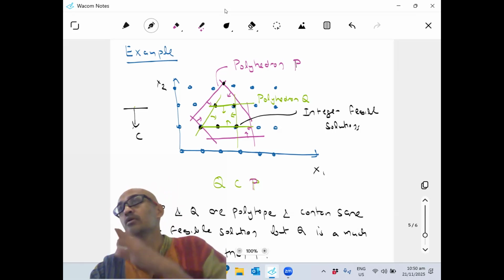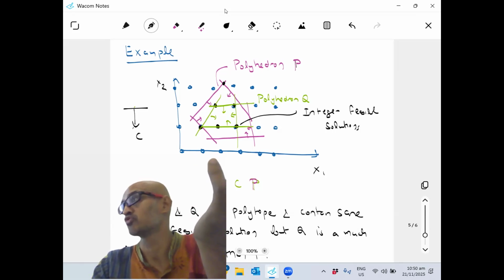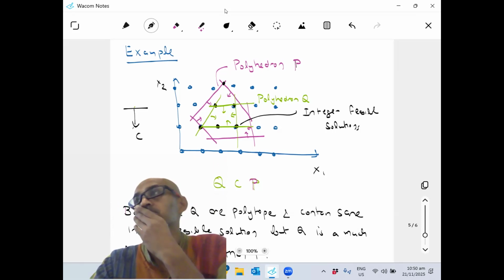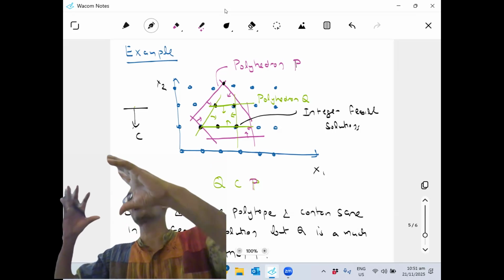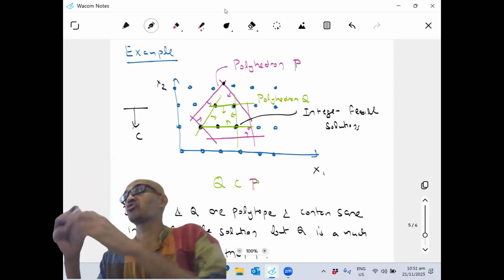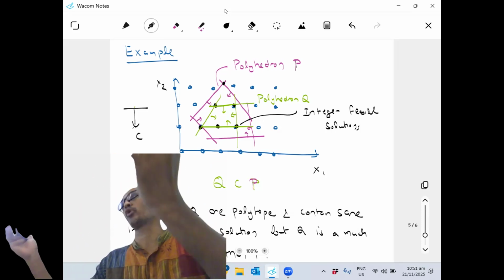This is not an integer solution. These two are integer solutions. So I'm far away from an integer solution in this problem. Q is a smaller region, so you are searching over fewer points. In P, you're searching over many more points.